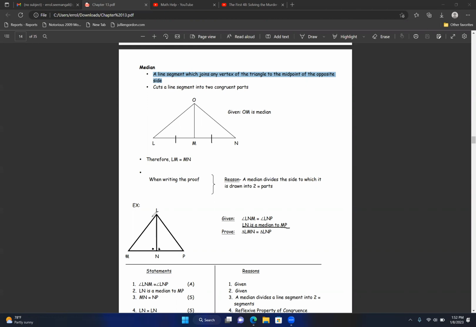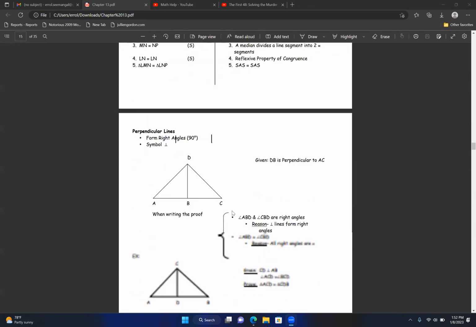LN, which is the vertical line, is the median to the horizontal line MP. So it's kind of like bisector, not bisector, midpoint. Okay, similar to midpoint. See what it says right here? Cuts a line segment into two congruent parts. Okay, let's go back.